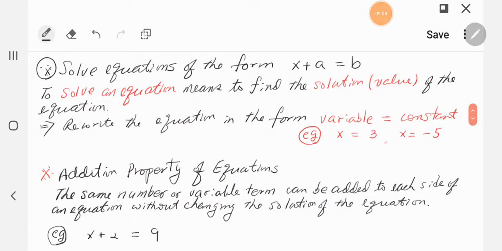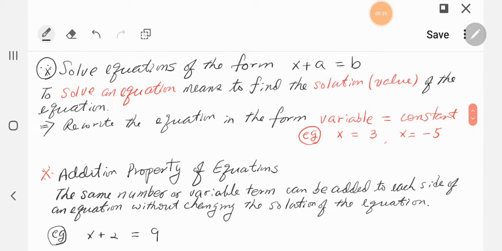Okay, solve equations of the form x plus a equals b. So the equation may be in this form, x plus a equals b. That means a and b are constants, they are numbers, and x is a variable. Solving an equation means we will rewrite the equation so that the left-hand side is a variable only, like x, and the right side should be a number, like a constant.